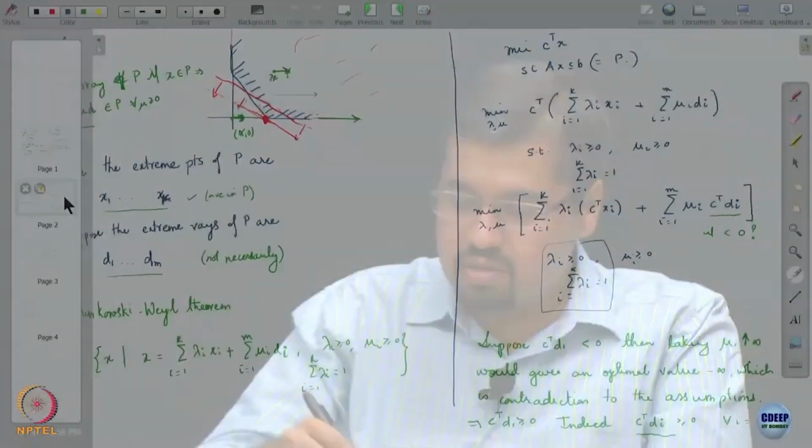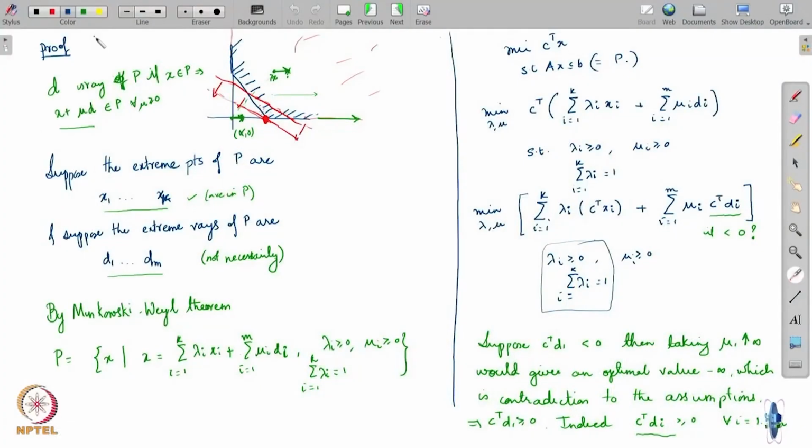What this has taught us is, see, the Minkowski-Weyl theorem is super powerful. It basically has reduced optimization over linear optimization, linear programming, to just a matter of enumerating C transpose xi's over the extreme points, right. But the catch in all of this is that we may not know what the extreme points are.